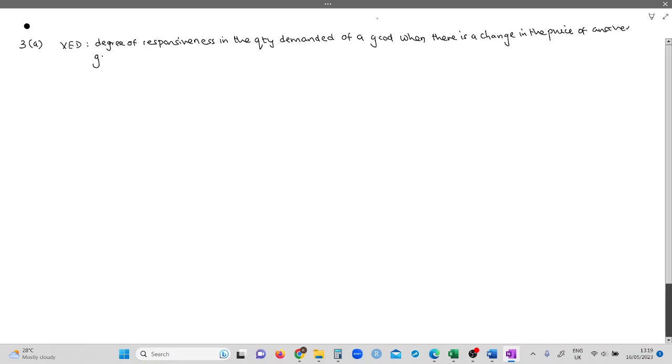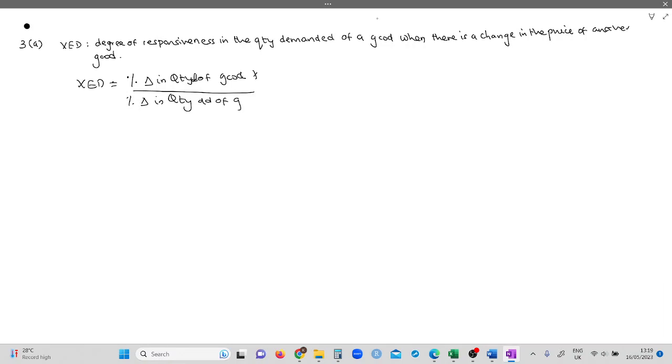So this is the definition. So XCD equals percentage change in the quantity demanded of good X divided by percentage change in the price of good Y. This is the XCD, and this is how it works.